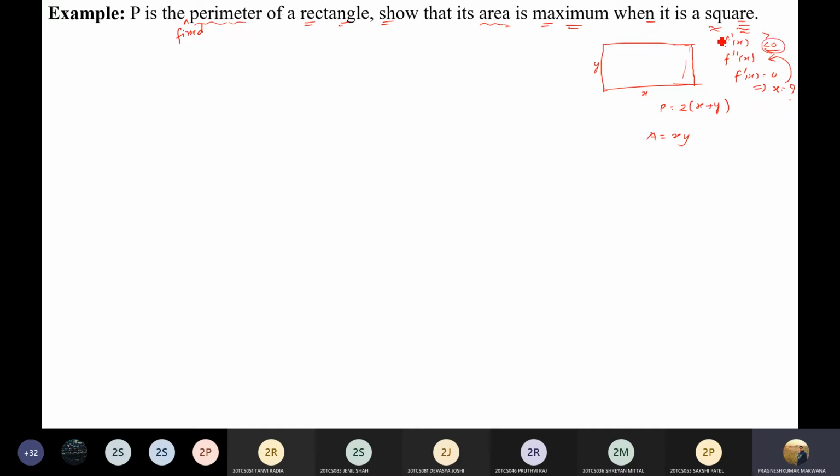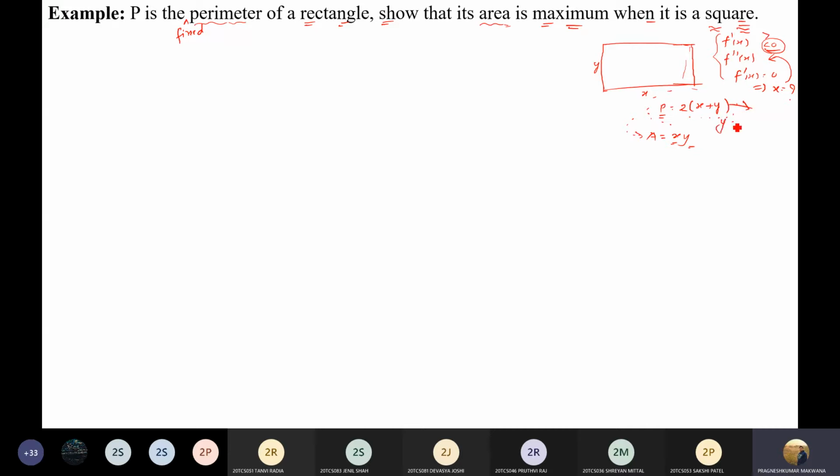But in this concept there is only one variable, whereas here there are two variables x and y. The perimeter is fixed, so by using the perimeter of the rectangle, we convert the area to depend on only one variable x. From the perimeter we find the value of y.